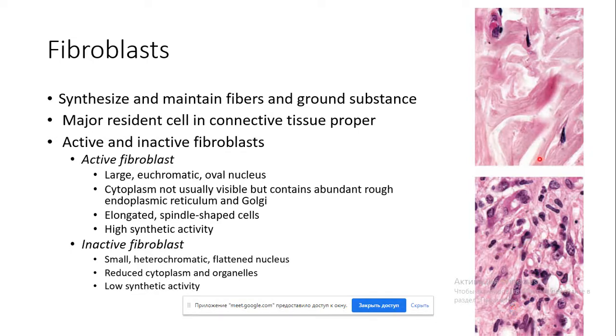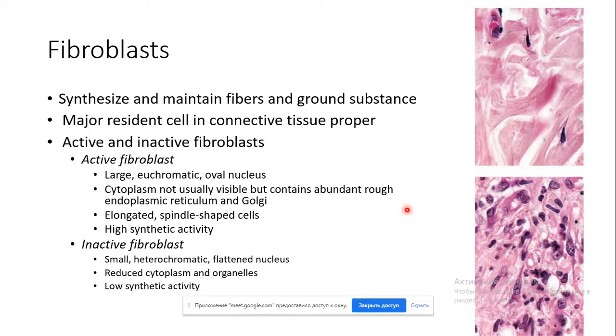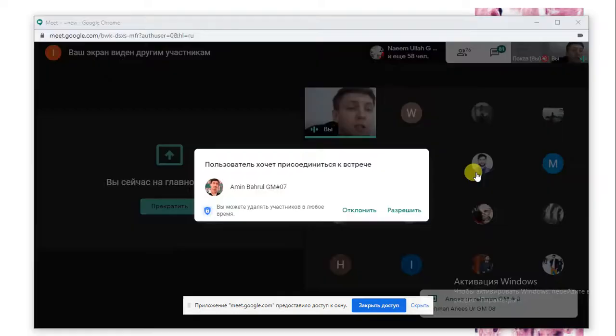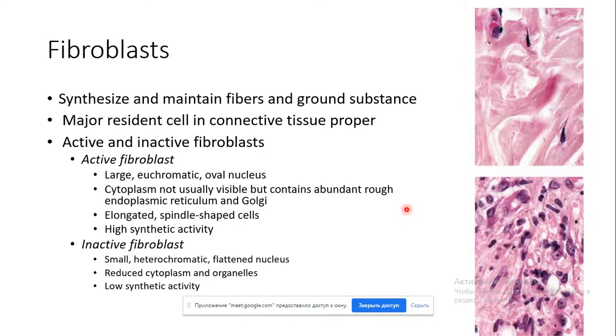But in an already grown-up person we usually have inactive fibroblasts, which are visible here. They are lacking cytoplasm. They already produced everything they need, and they don't require any kind of ribosomes or cytoplasm. They just keep being there, waiting for stress.